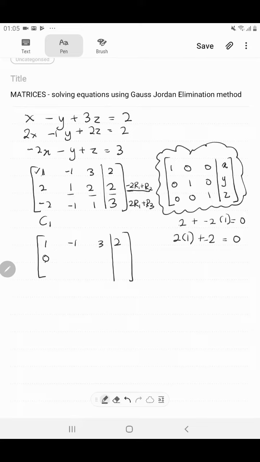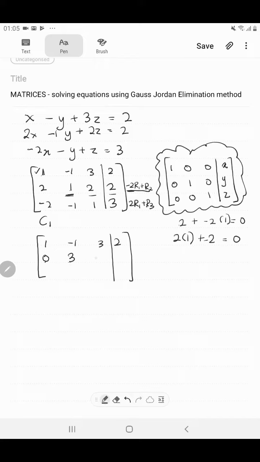So we repeat the same operation, which is negative 2 R1. Negative 2 times negative 1 is 2. 2 plus 1 will become 3. That's the second element in the row.